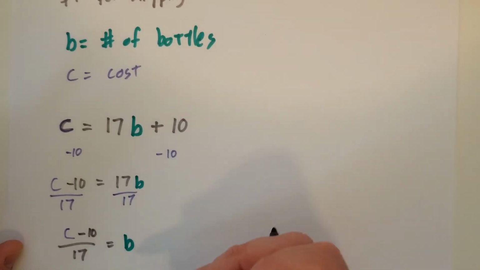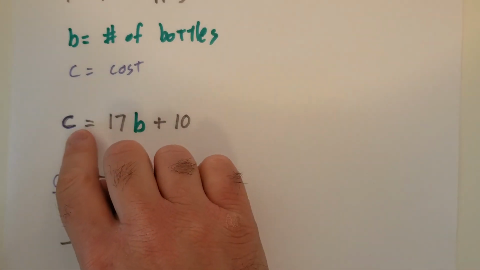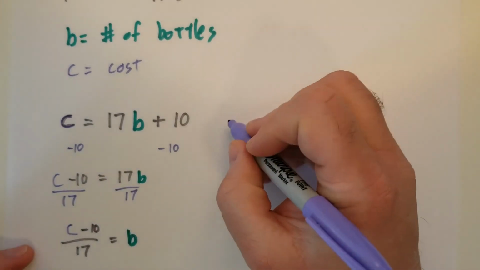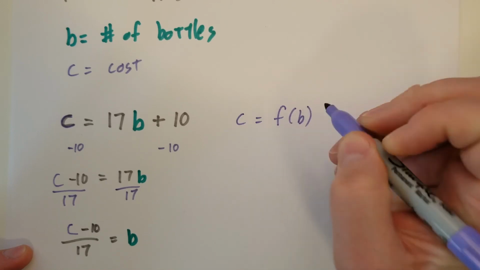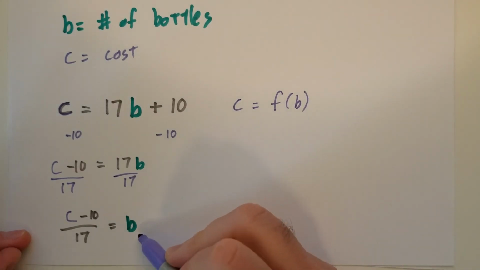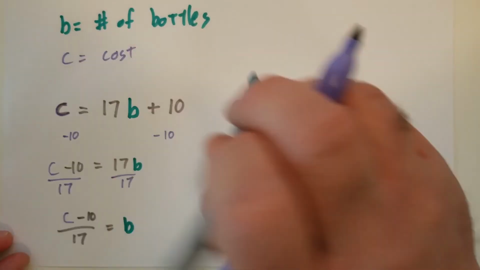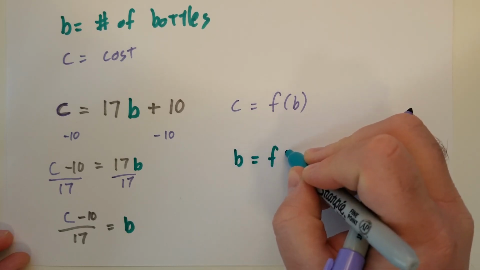These two equations are inverses of each other. It's the exact same thing, it's the exact same relationship, we're just looking at it from different perspectives. So we can think of C as a function of B, or we could think of B as a function of C. We could think of the number of bottles we want to buy as a function of the cost.